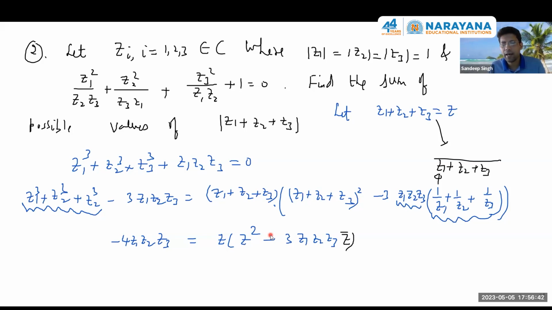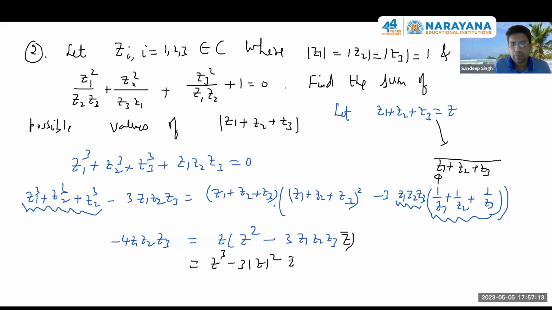We can take mod on both sides. If you do that, obviously LHS will be 4, RHS will be mod z, but the term inside the bracket, I will not be able to get its magnitude. So this is not the appropriate time to take the mod. So what should we do then? Then we should multiply this.